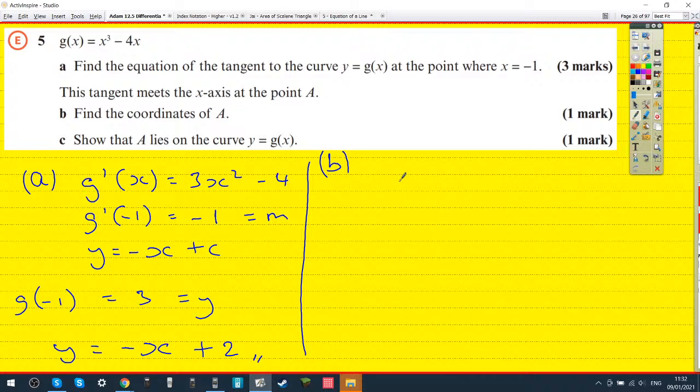Okay, how do we do part B? So do we need to solve 3 equals minus x plus 2? Do we need to solve that?